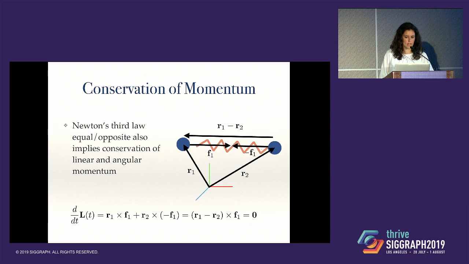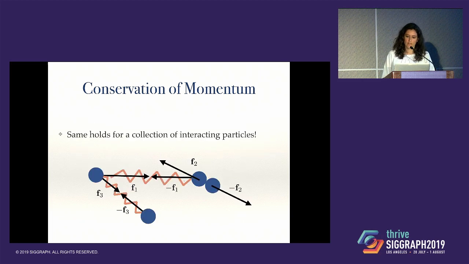And this also applies to angular momentum. So if we measure the change in angular momentum associated with a pair of forces of equal magnitude and opposite direction, we'll also see that they don't change angular momentum. Okay, so if we have a bunch of particles interacting with each other, then looking at the system as a whole, these forces will occur in pairs, and our momentum will be conserved.